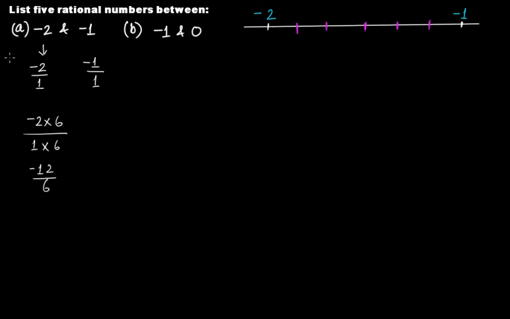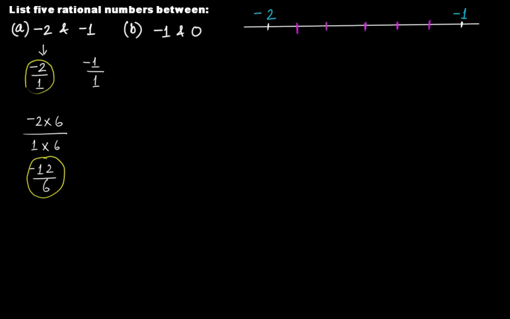Now notice that -2 over 1 is actually -2 only, and since we have reached -12 over 6 by multiplying by 6, these two numbers are equivalent rationals, the concept of equivalent rationals.